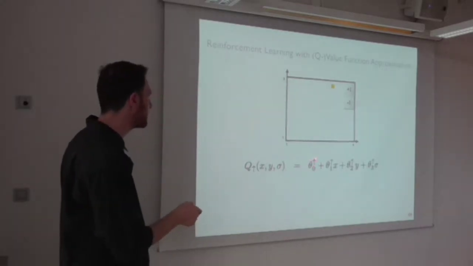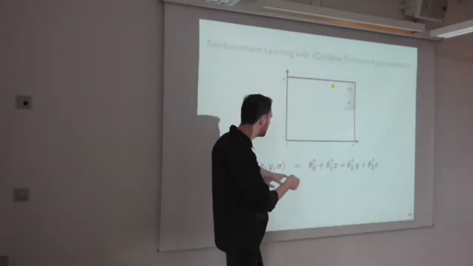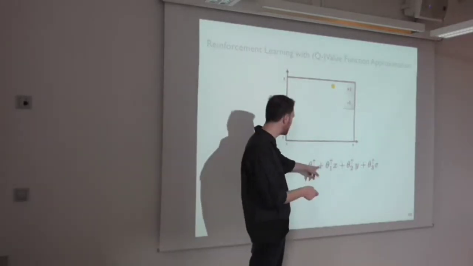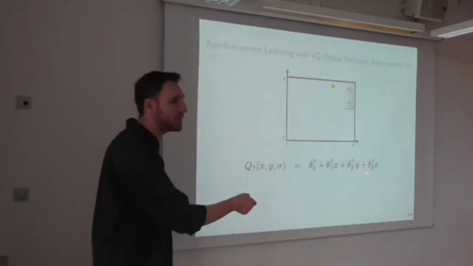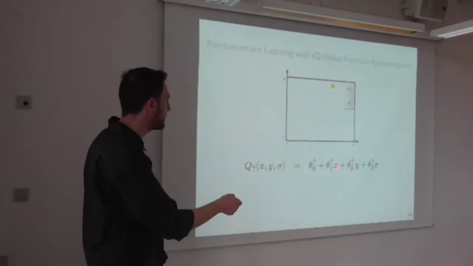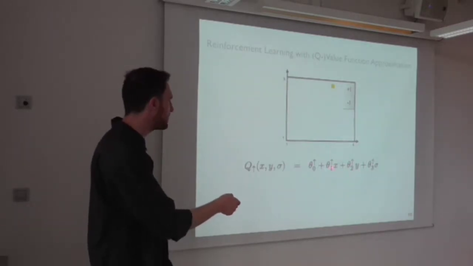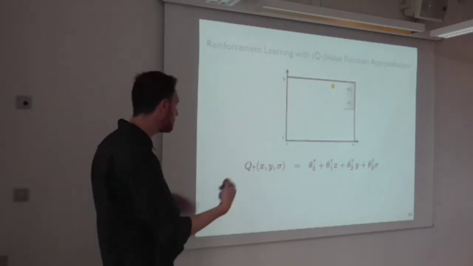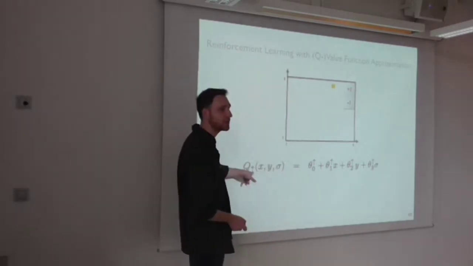I added this superscript to denote that the Q function depends on 4 weights, theta 0, theta 1, theta 2, theta 3, and it's like a weighted average of the state variables x, y, and sigma. If you plug in numbers for theta, you get some real number, which is your estimate for the Q value of this state, given that you executed up.